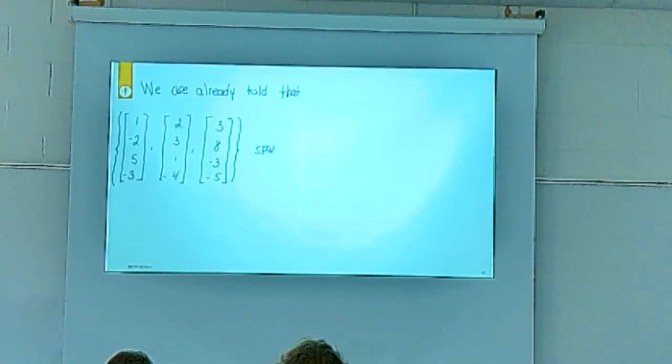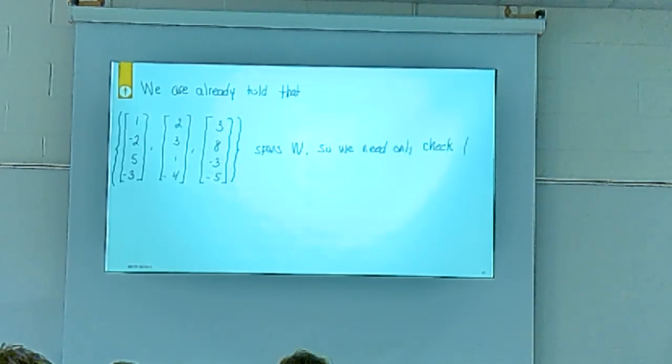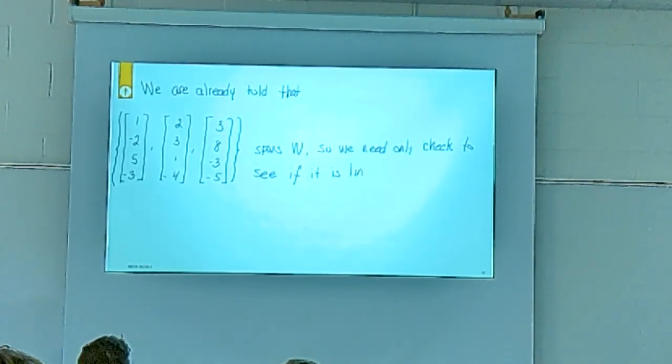We're already told that that set spans W, right? So all we have to do is check for linear independence. And how do we check for linear independence?